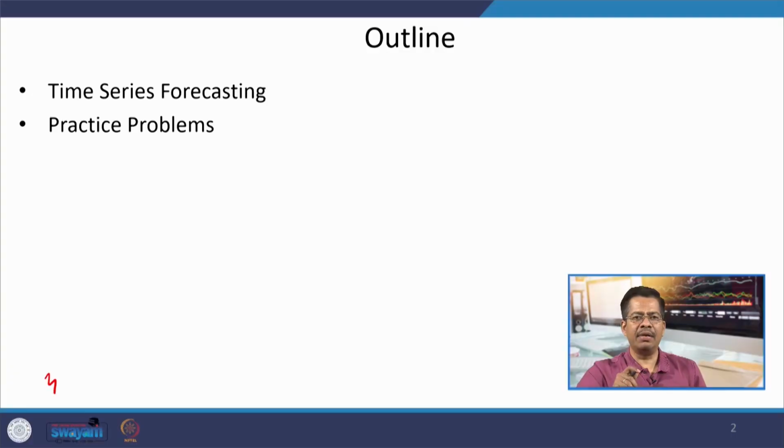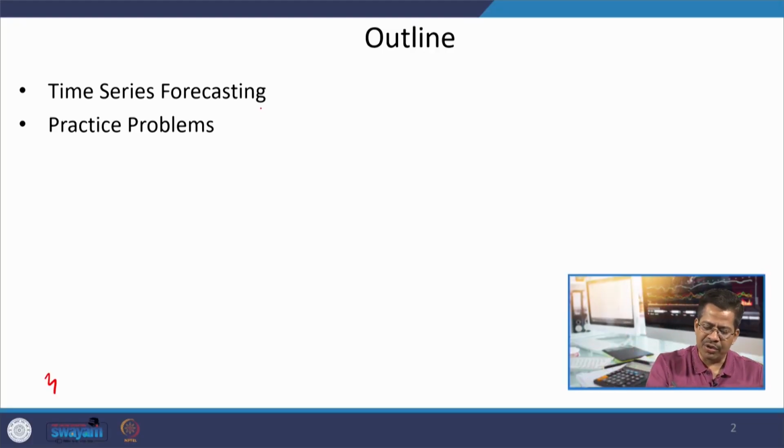So, predictive analytics can help us in getting some numbers, some data for my future demand, and that is what we are going to discuss in this session, where we are primarily going to focus on time series forecasting.